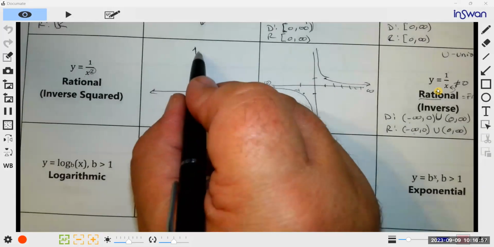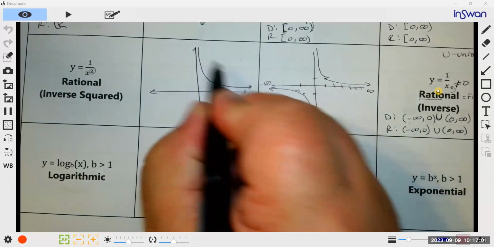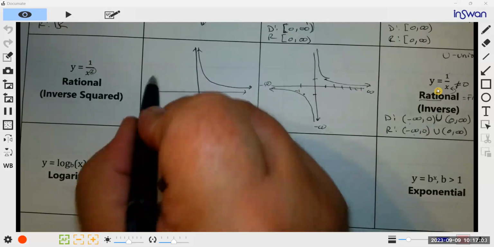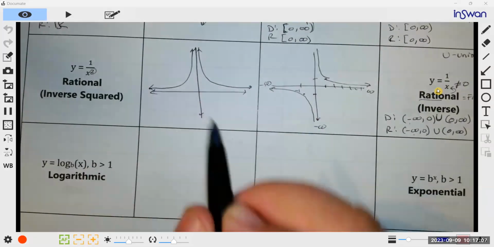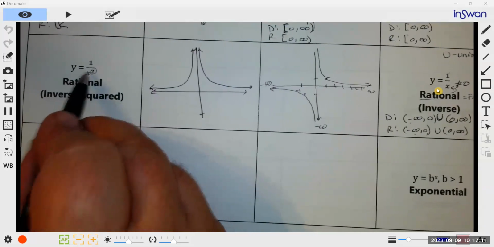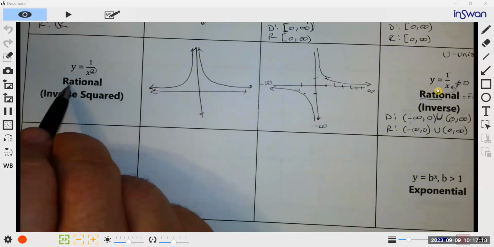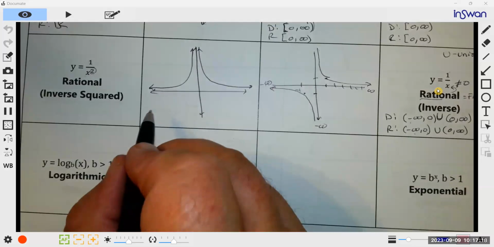So on the positive side, it does the same thing. As x gets bigger, it goes down to 0. Likewise, from the negative side, if I put a negative 1,000,000 there and I square it, it's going to be positive, but it's going to be all the way down there. So it looks like the Atari symbol.